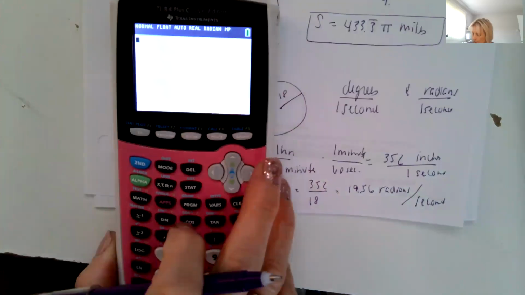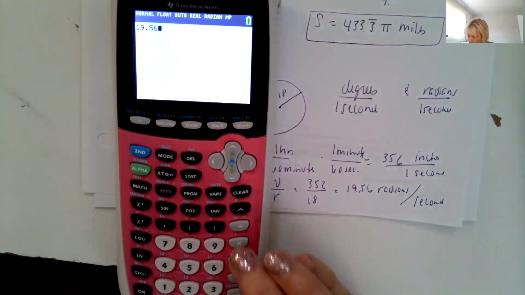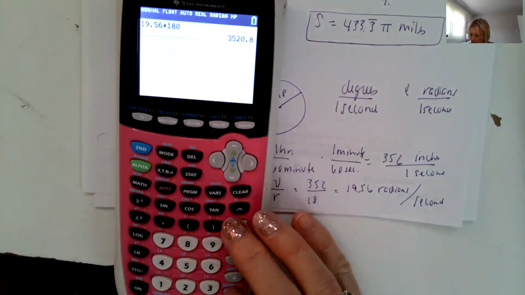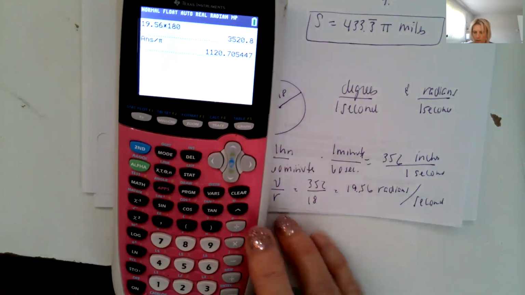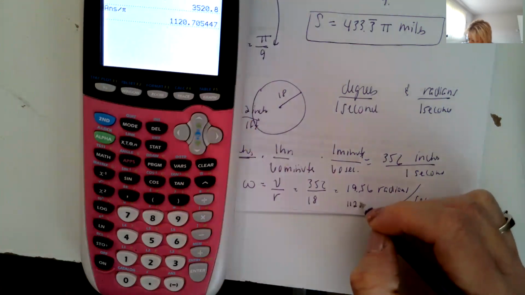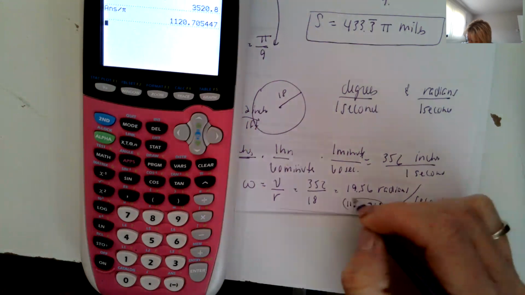They wanted it in degrees as well. So we're going to take the 19.56 in radians and multiply by 180, divide by pi, per second, and we have 1120.71 degrees per second.